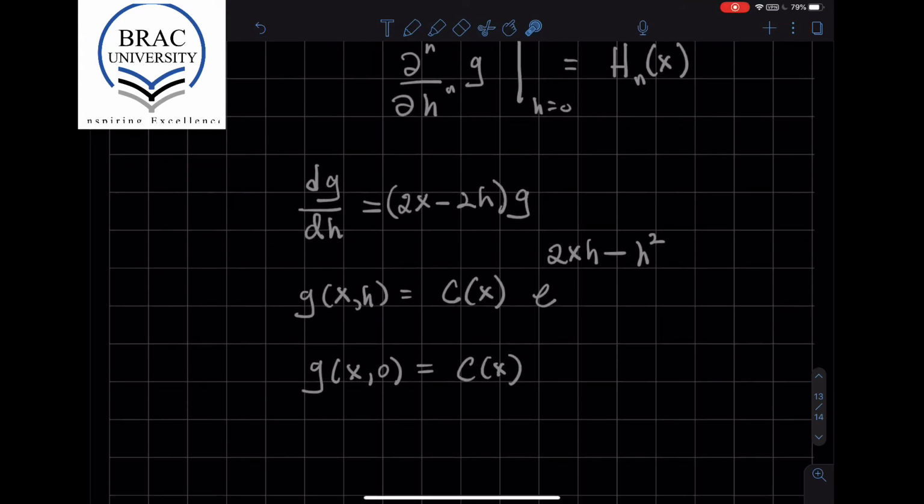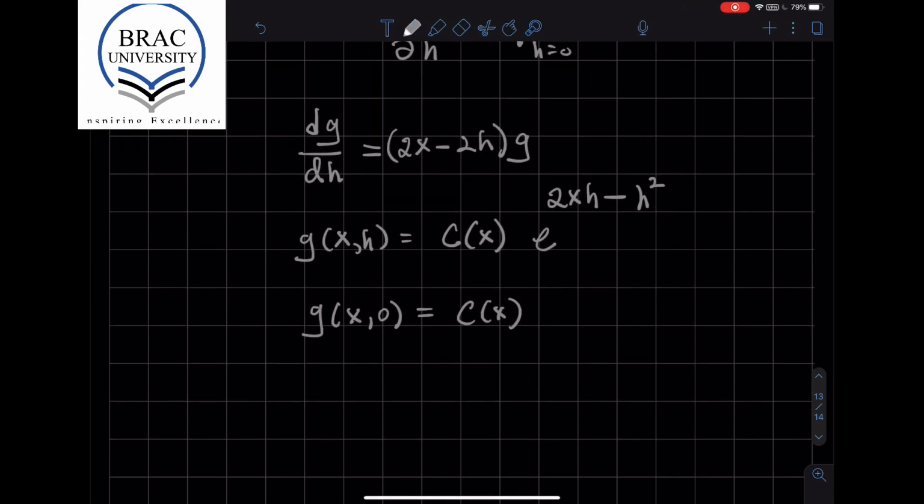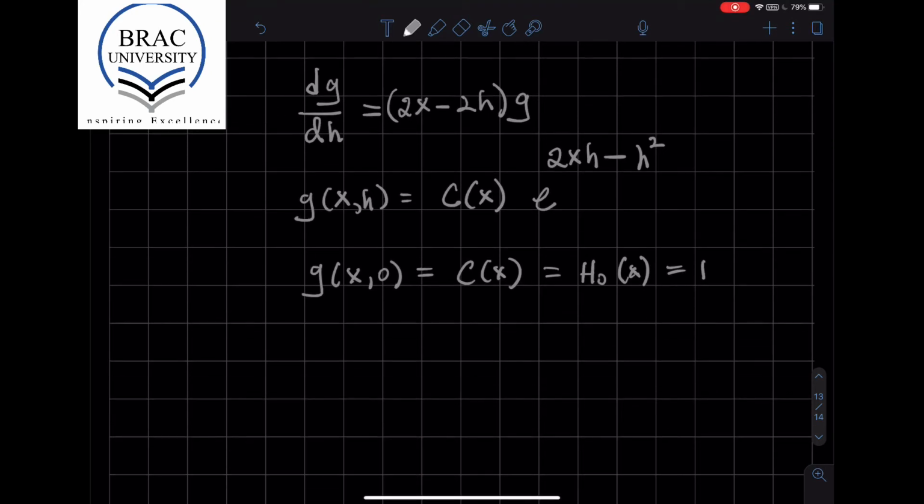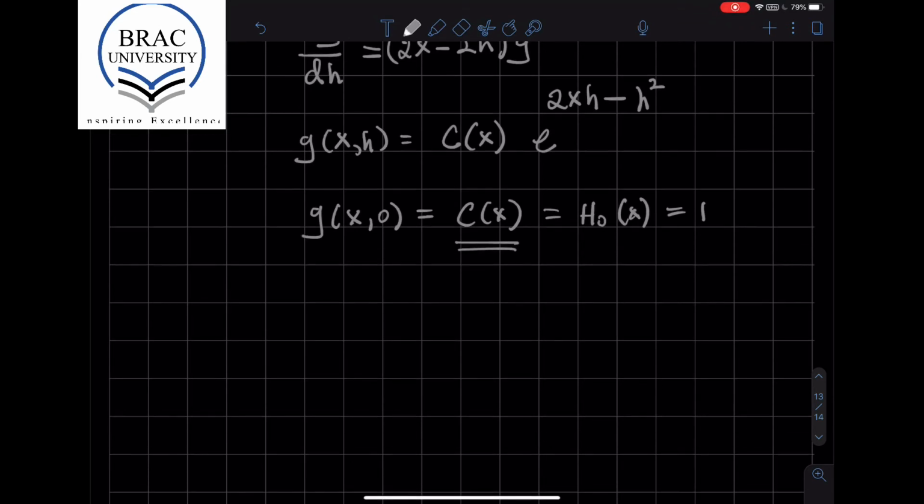So that should give us h0 of x, but that is something we decided to be 1. So of course it fixes this normalization, which turns out to be a real constant, not a function of x.